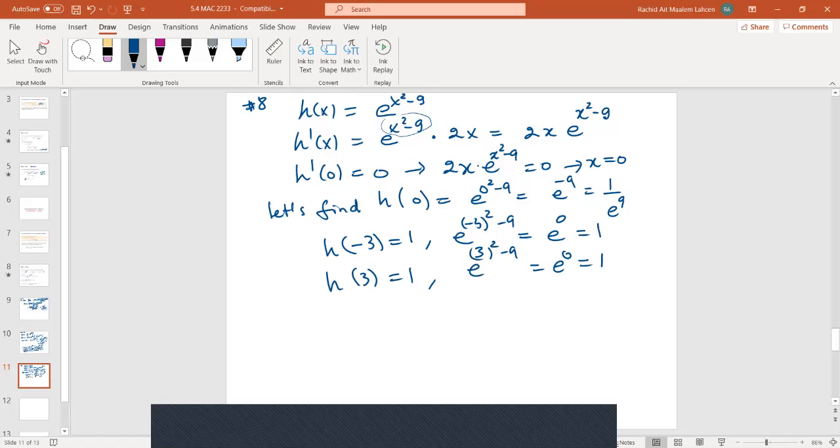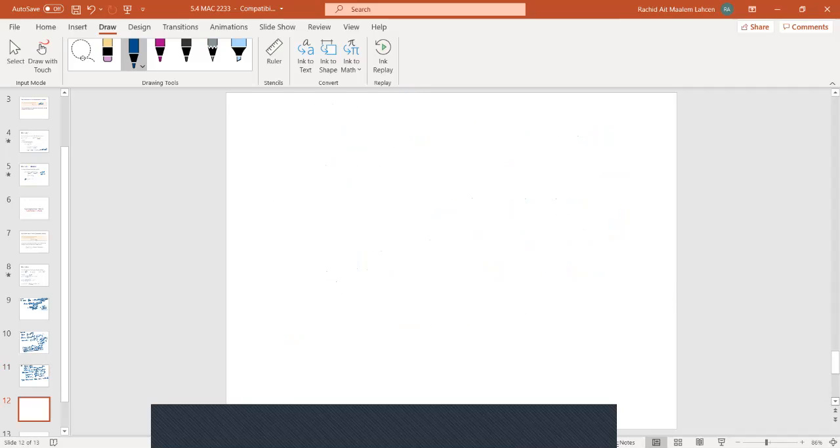It's interesting. Let's look at 3: same thing. So based on what we did in the past, does h of x have an absolute extremum on the interval negative 3 to 3?